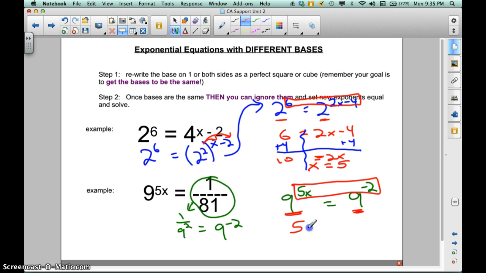So now I have 5x equals negative 2. Well, we divide both sides by 5. We want x by itself. And you get a fraction. That's okay. x is equal to negative 2/5. This takes some practice. You will get it. Don't worry.